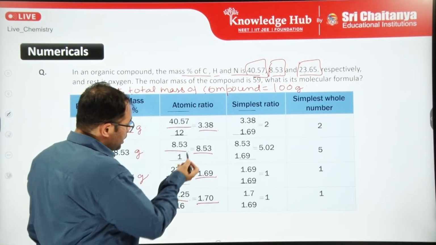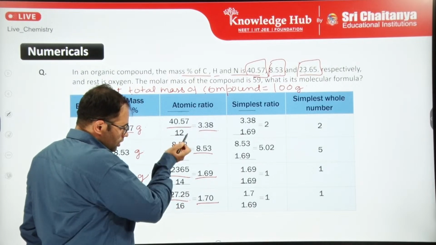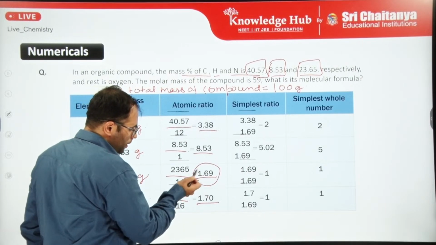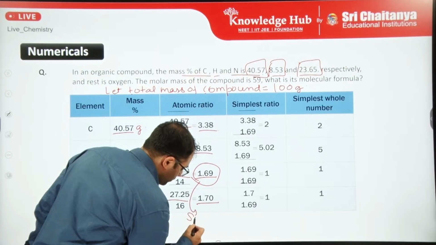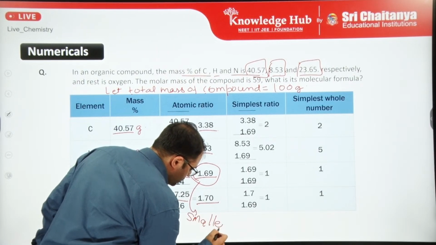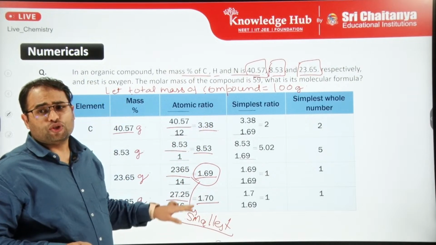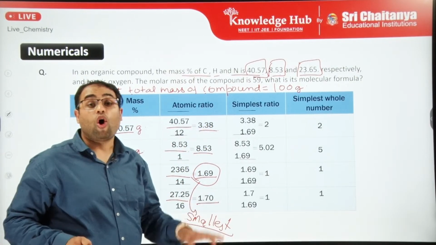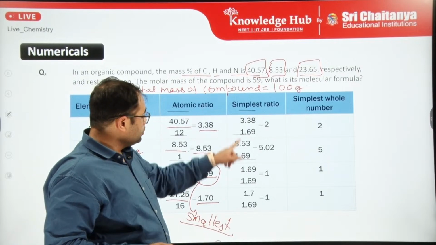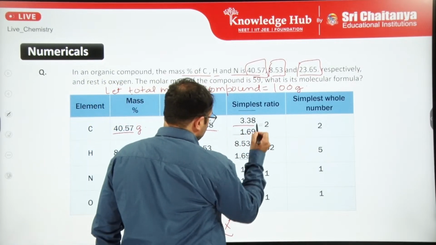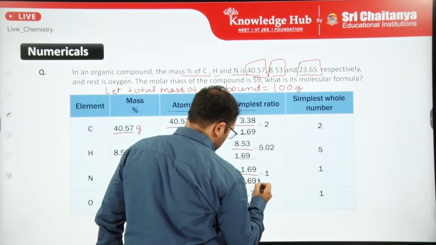Which one is smallest out of these? Yeah, this one. So this is smallest. Divide each of these ratios by the smallest number, that is 1.69.